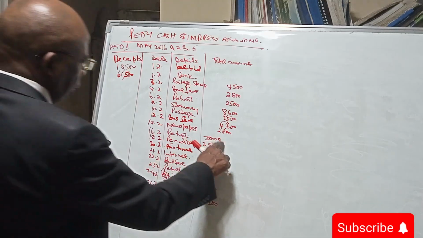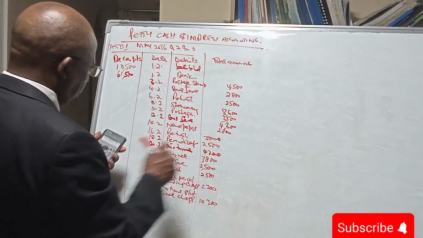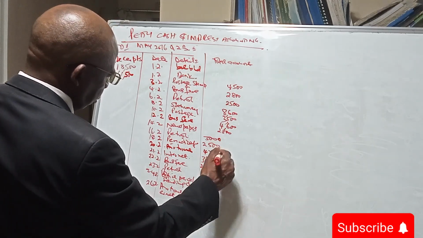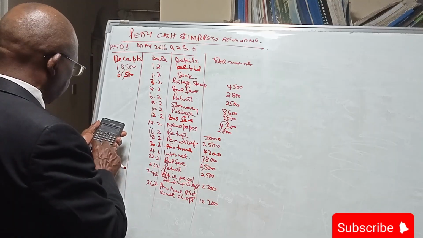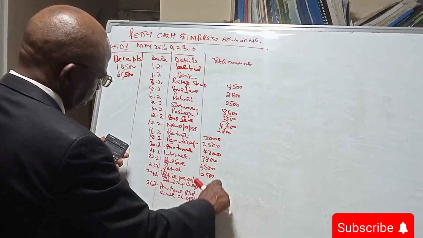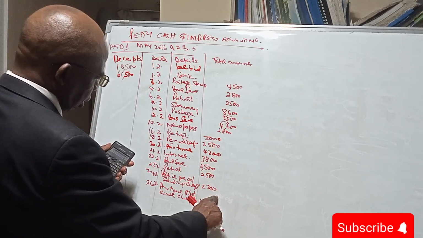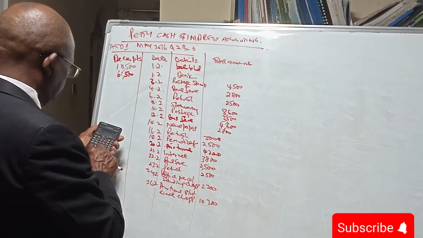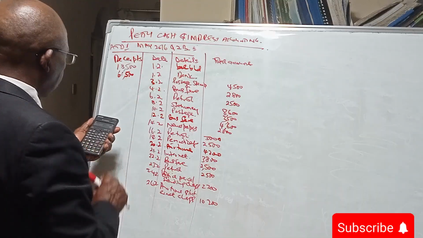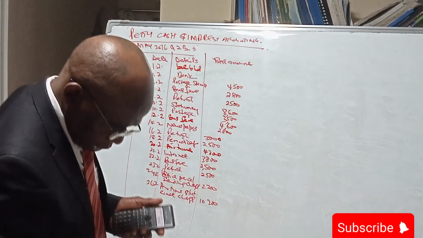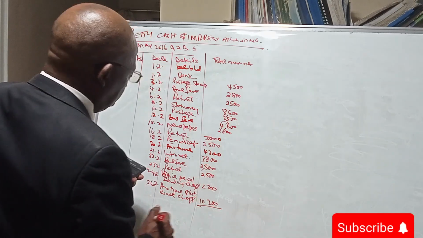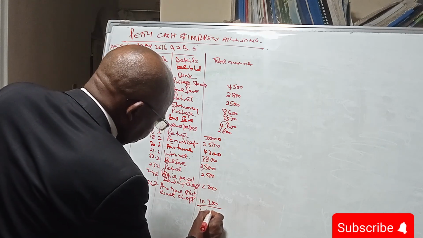So we add 3,000 plus 2,500 is 5,500, plus 4,200, plus 3,800, plus 5,000, plus 7,200, plus 7,200, plus 10,200. So the total becomes 60,200.